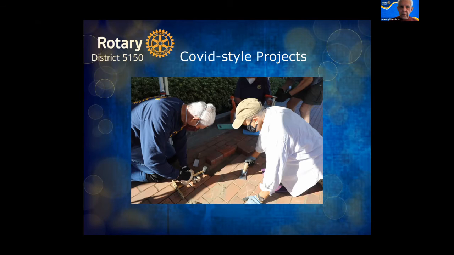On Wednesday, we installed 142 bricks representing all the past and current presidents of the 3 Rotary clubs in Novato. This is a great way to advertise Rotary and support the city in the process.